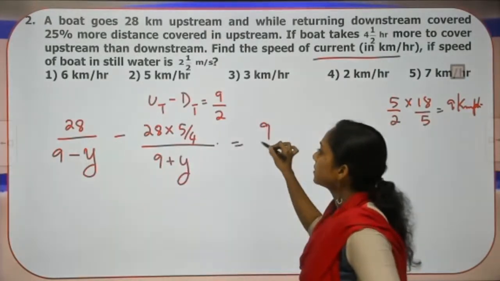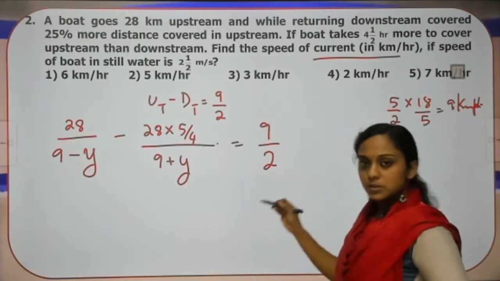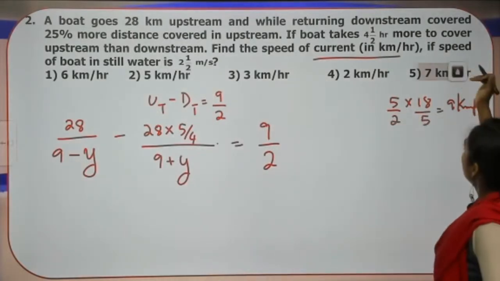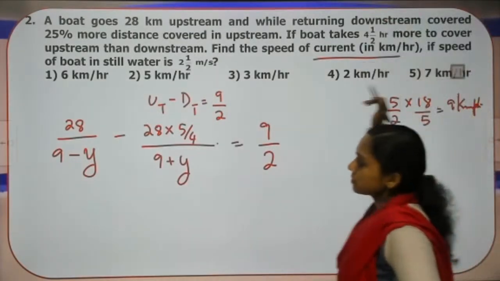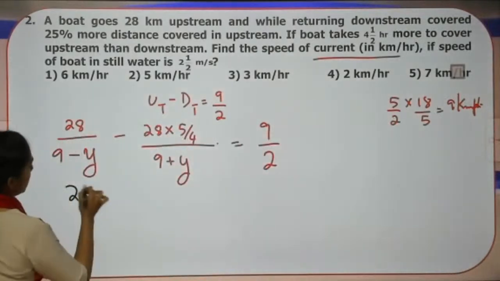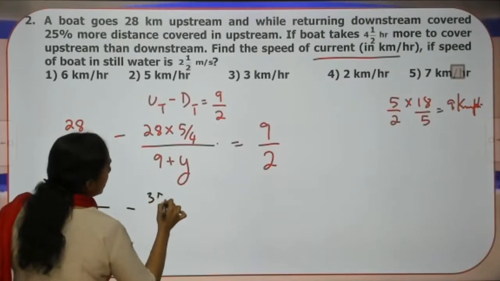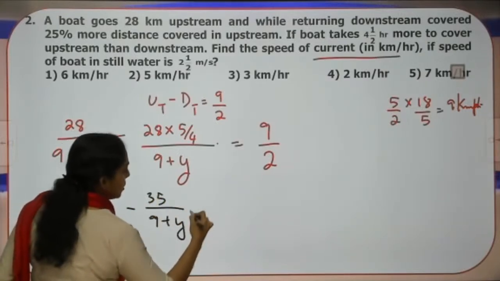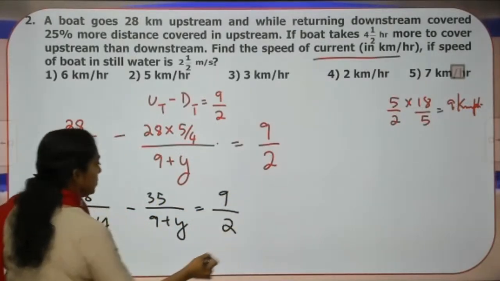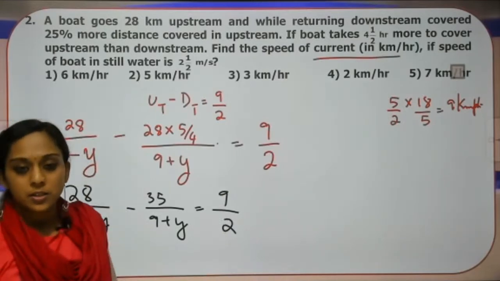The difference is given as 9/2. I am just rewriting this as 28 divided by 9 minus y, minus 35 divided by 9 plus y, is equal to 9/2. So at this stage you just choose your answer from the options.